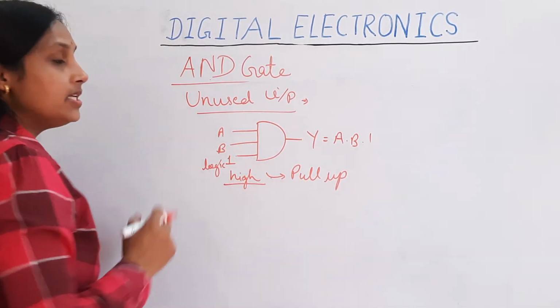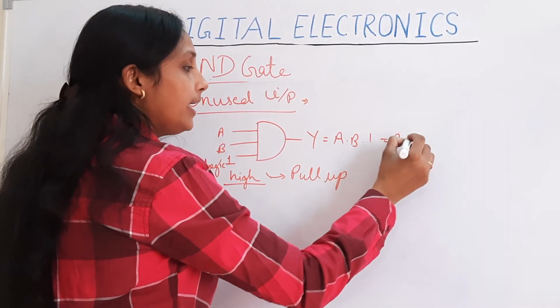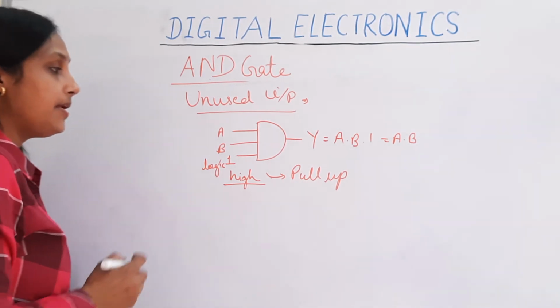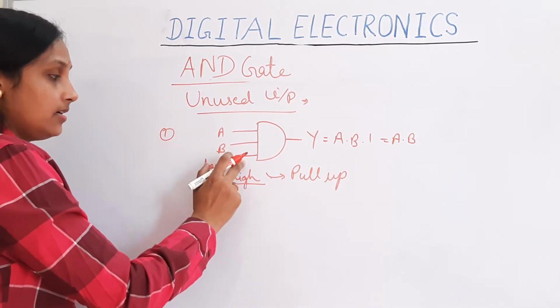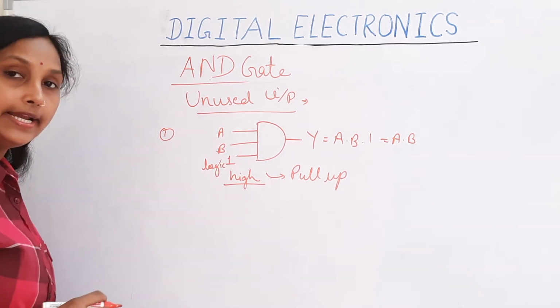You are doing pull up on this unused pin, so the answer will be the same. What we want is A dot B, and the output remains the same.